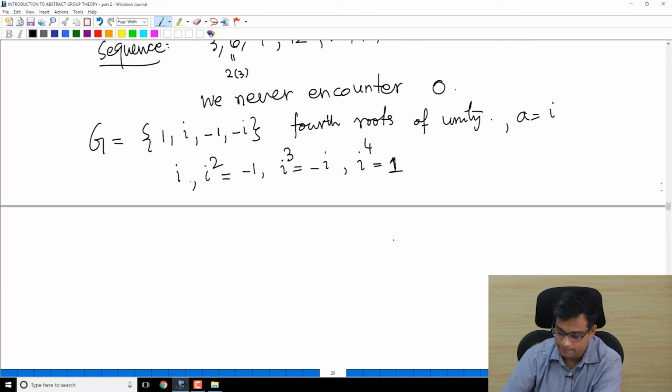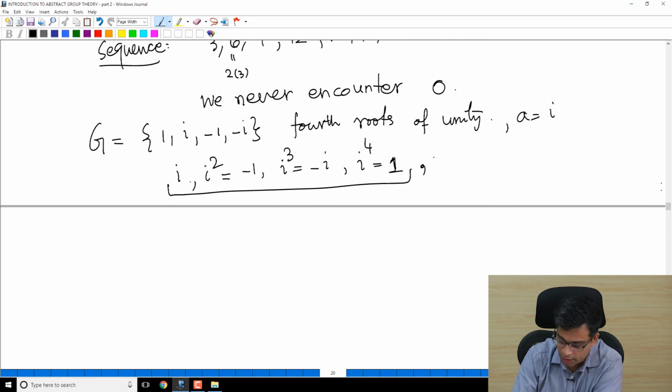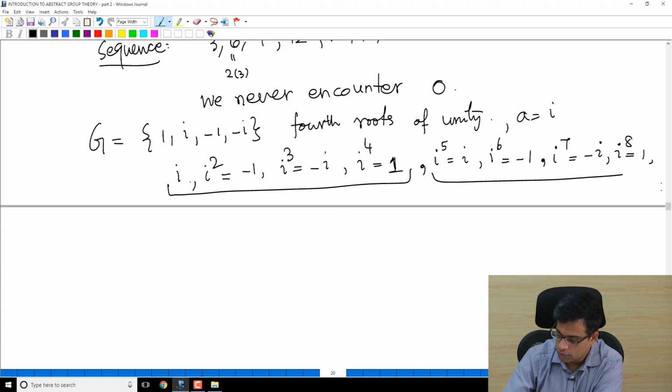So this is the segment that keeps repeating. The next, I to the 5th, will be I again, I to the 6th will be minus 1, I to the 7th will be minus I, and I to the 8th will be 1 again. So the segment that keeps repeating is I, minus 1, minus I and 1.